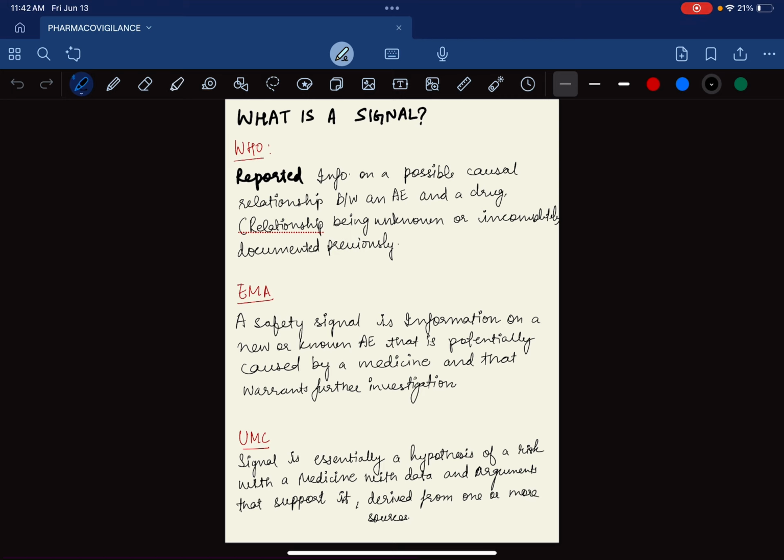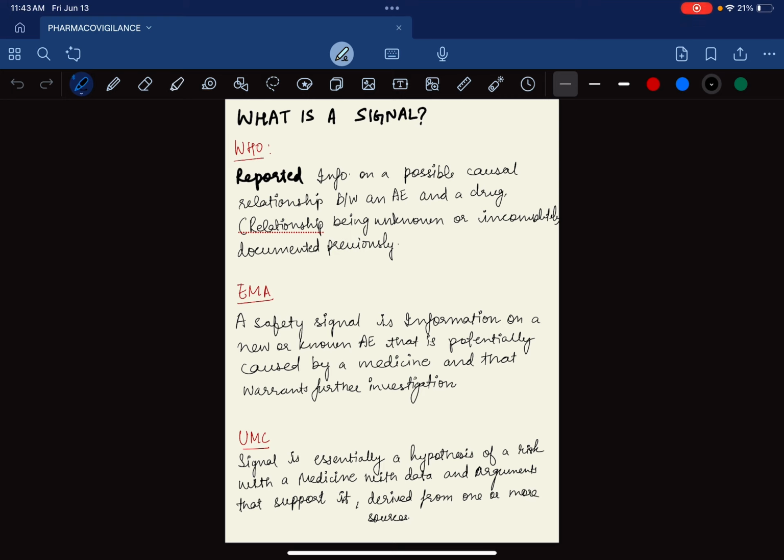By causal relationship, we mean that there is a cause between an adverse event and a drug, for example, the drug is causing the adverse event. The relationship here is unknown or incompletely documented previously, but there is a chance that there is a relationship between the adverse event and the drug.